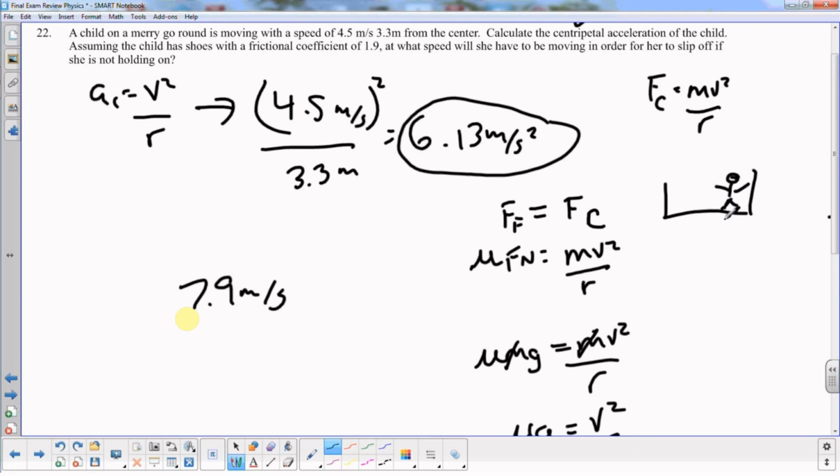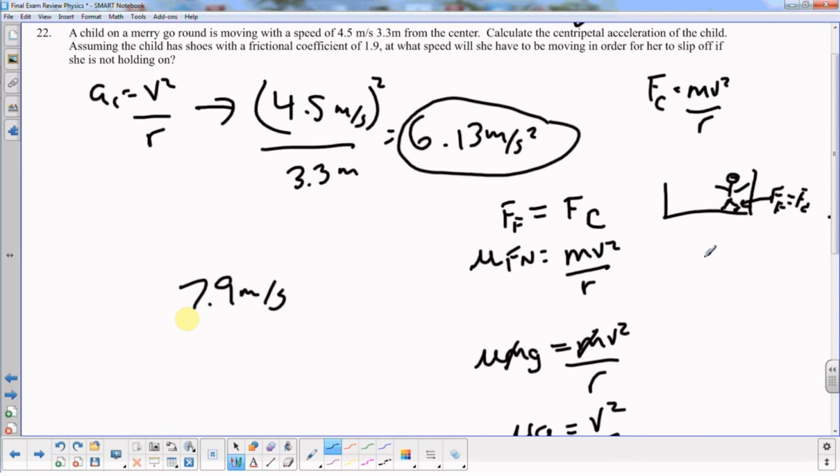And the kid's on the merry-go-round, and her shoes are the only thing in contact. The kid's going to go around in circles, trying to go off tangentially at any given point. And the shoes are the only things giving us friction, and that friction is what's going to make her go in a circle. So F_f equals F_c.